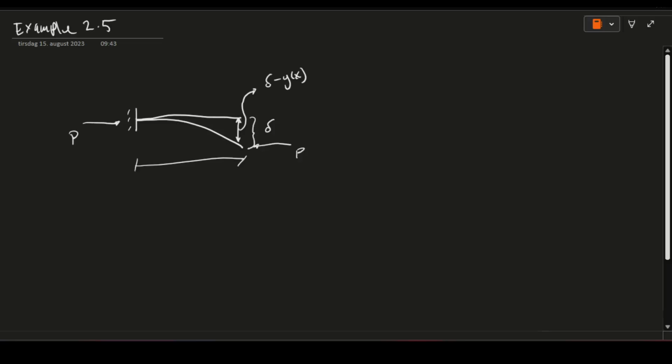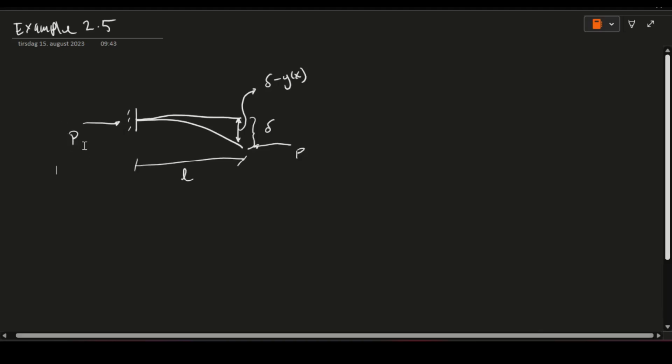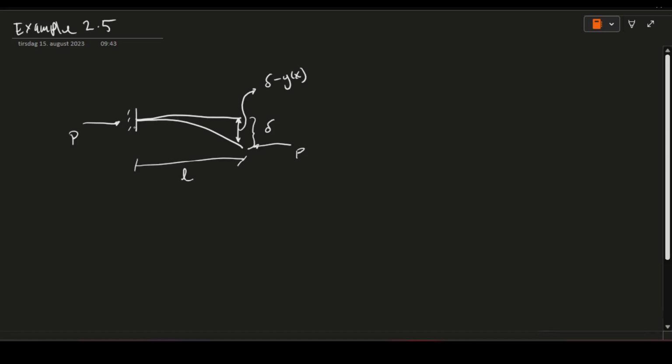Okay, in this example, we have a fixed support at x equals 0 and a free end at x equals L. So we can see that we have a horizontal load P, and the beam will deflect like this with a delta, the maximum deflection there.